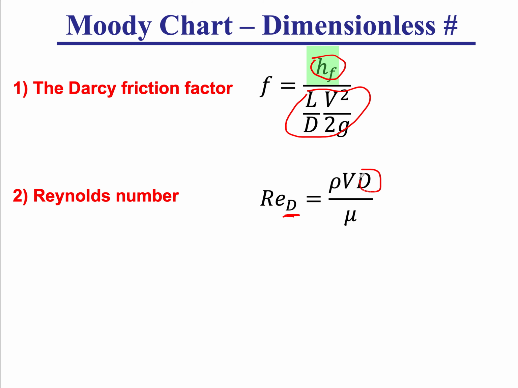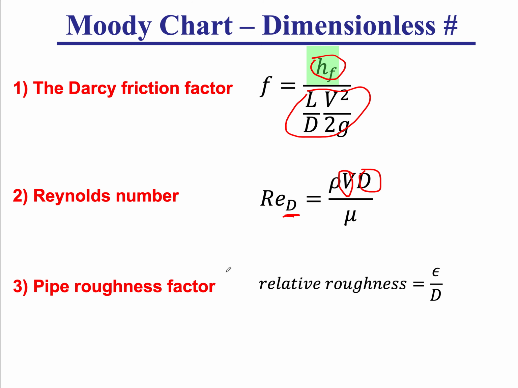The length scale associated with the Reynolds number is the diameter of the pipe, while the velocity is the average velocity in the pipe, which is the mass flow rate divided by the density divided by the area of the pipe. And lastly, we have the roughness factor ratio, epsilon over D. All these are unitless, dimensionless numbers, and we will be seeing them repeatedly. The new one here is the Darcy friction factor, which normally we call the friction factor, f. It will come later on.